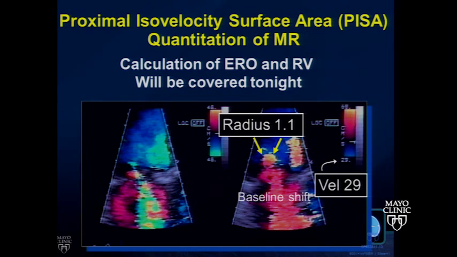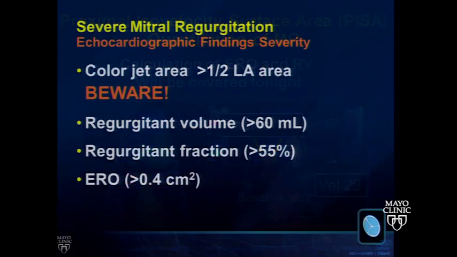But also remember that your measurements have to correlate with your clinical findings. So beware of the jet area, because that may not give you exactly how much mitral regurgitation there is.